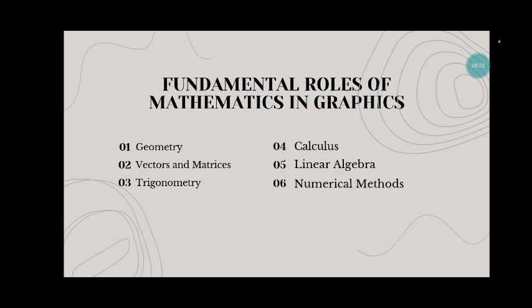Third one, trigonometry. Trigonometric functions are heavily used in graphics for calculating angles, rotation, and projection. Fourth, calculus. Calculus concepts such as derivatives and integrals are utilized in areas like computer animation and physics simulations.